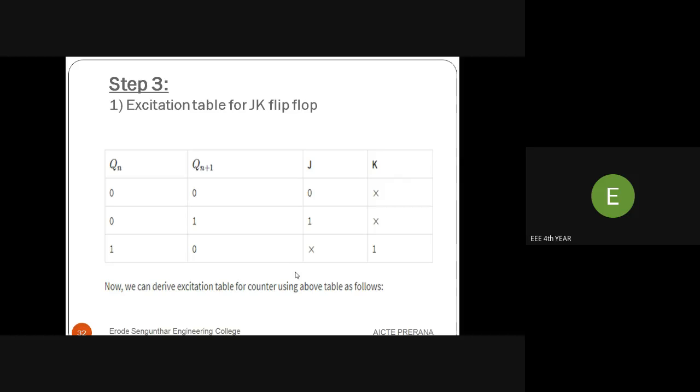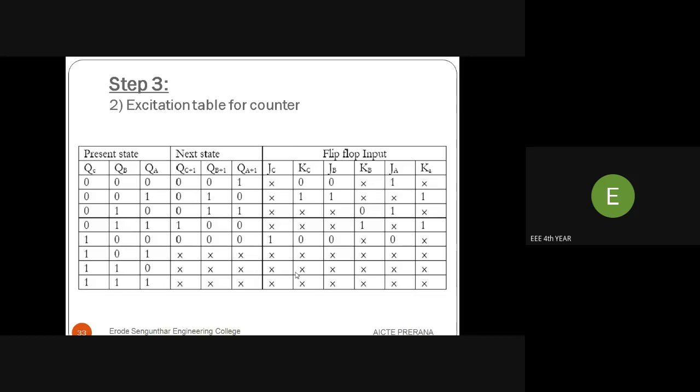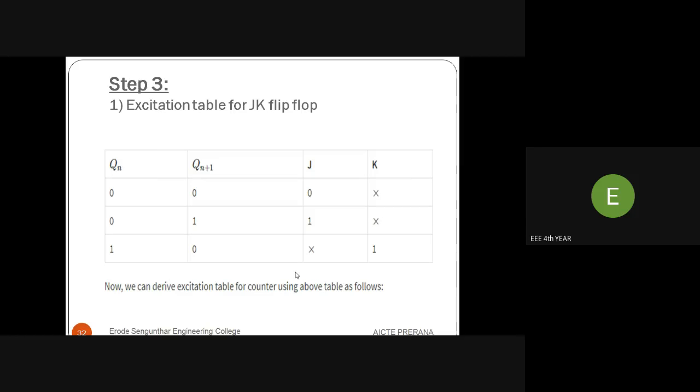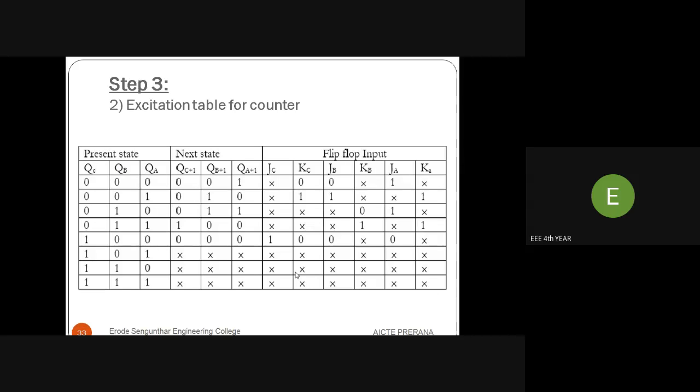So the next step is to determine the excitation table for the particular mod 5 counter. The excitation table for the flip-flop consists of present state, next state, and the JK inputs. The excitation table for the particular mod 5 counter consists of present state, next state, and the flip-flop inputs.